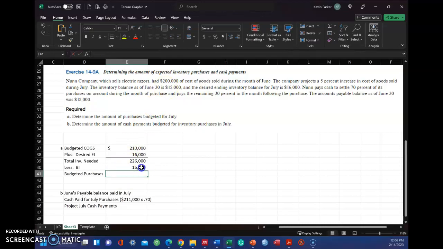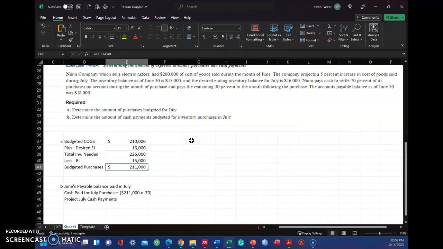And really, we shouldn't put parentheses here, even though I have in prior videos, because we have the word less there. So 226 minus 15 is 211. So budgeted purchases are $211,000. Let's get a dollar sign in there.